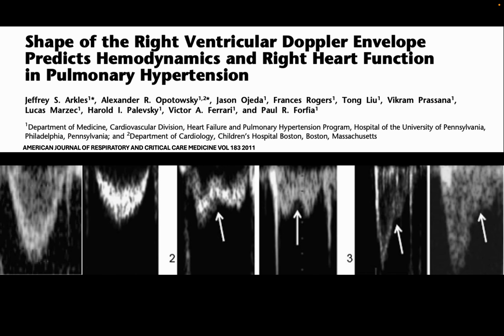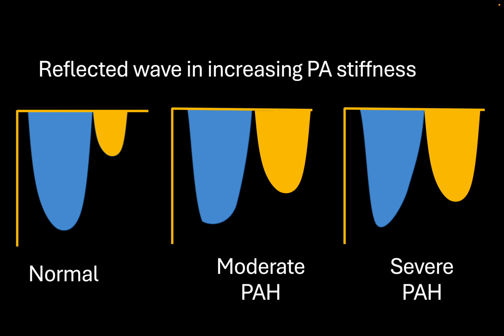This indicates pulmonary artery hypertension, and there have been a couple of studies. I could lay out one wonderful study which showed the notching pattern of the pulmonary artery Doppler or RVOT Doppler indicating severe pulmonary artery hypertension. It was also important to prognosticate these patients.